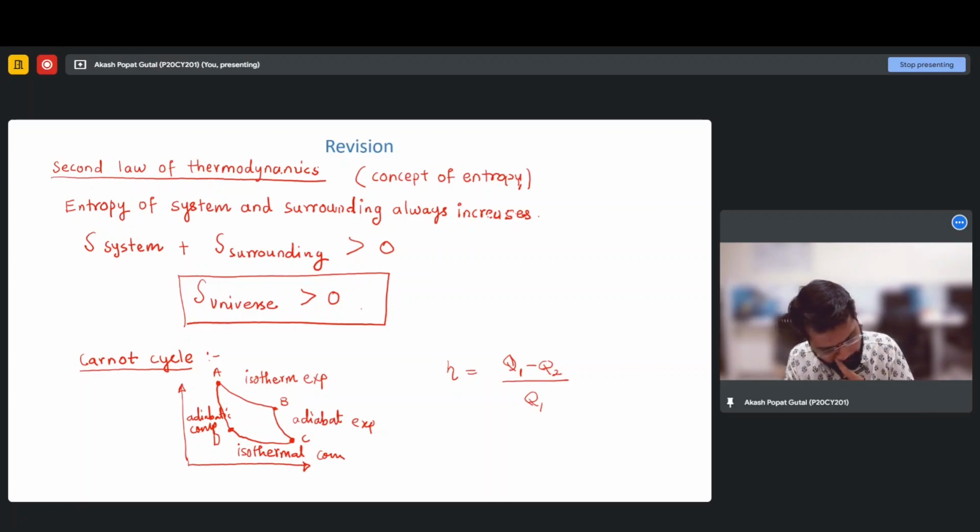Suppose the heat getting inside is Q1 and the heat thrown away from the cycle is Q2. Then the difference between them is the work done by the system, and the total heat gained by the system is Q1. By sign convention you can put plus also. So this will be 1 minus Q2 by Q1.